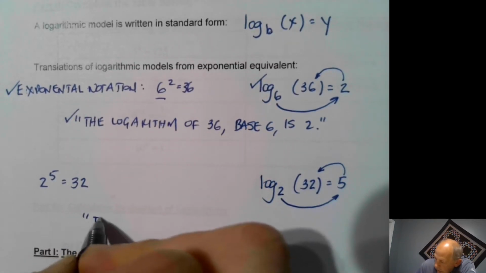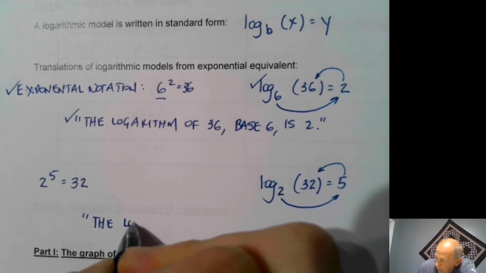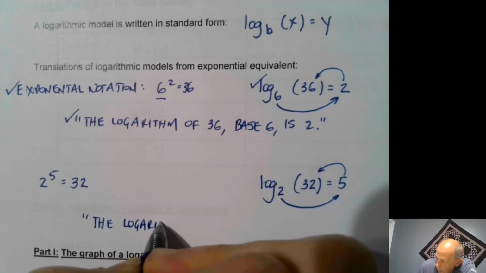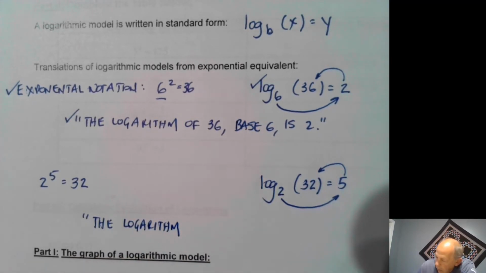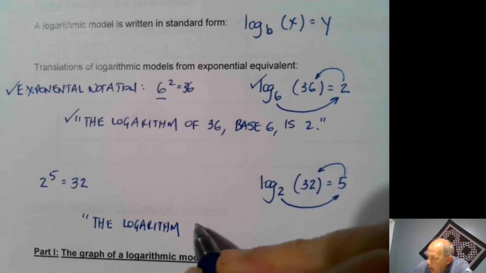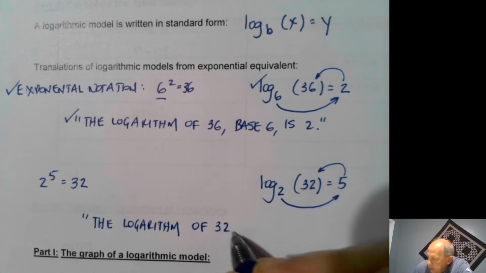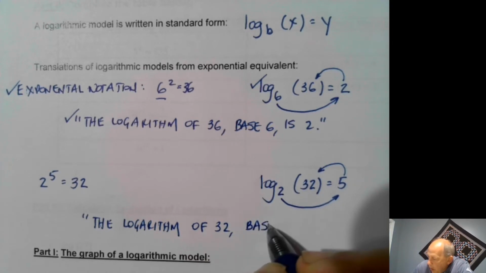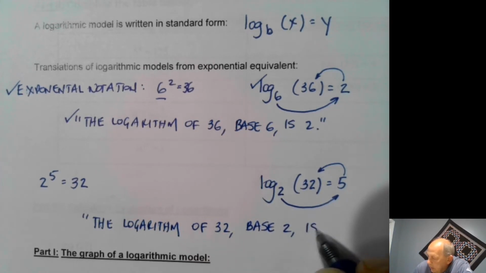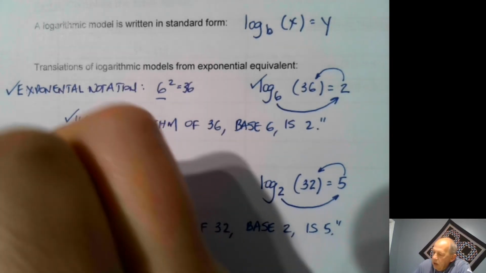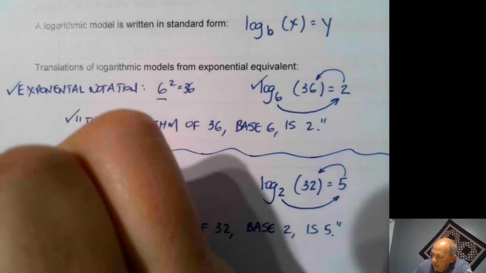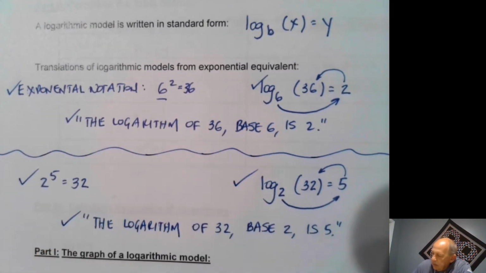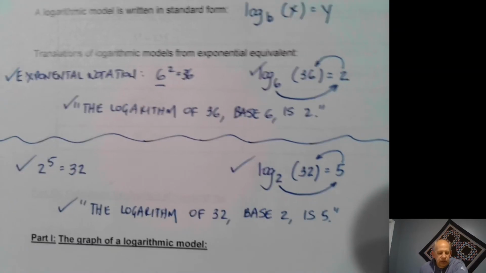In English, the logarithm of 32 base 2 is 5. Again, three different ways of expressing the same notation: exponent, logarithm, and sentence.